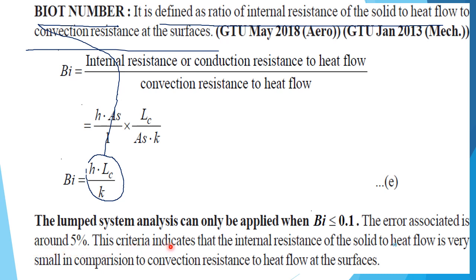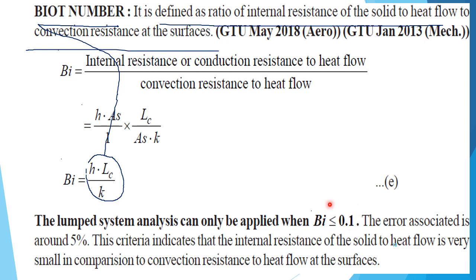This criterion indicates that the internal resistance of the solid, that is the conductive resistance, is very small compared to the convection resistance at the surface. Means the internal resistance value is very small compared to the external resistance when the heat is flowing from the solid body to the surroundings.